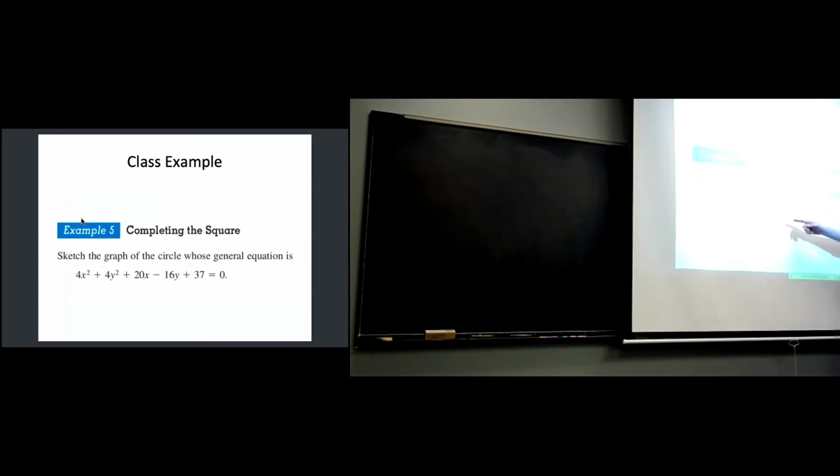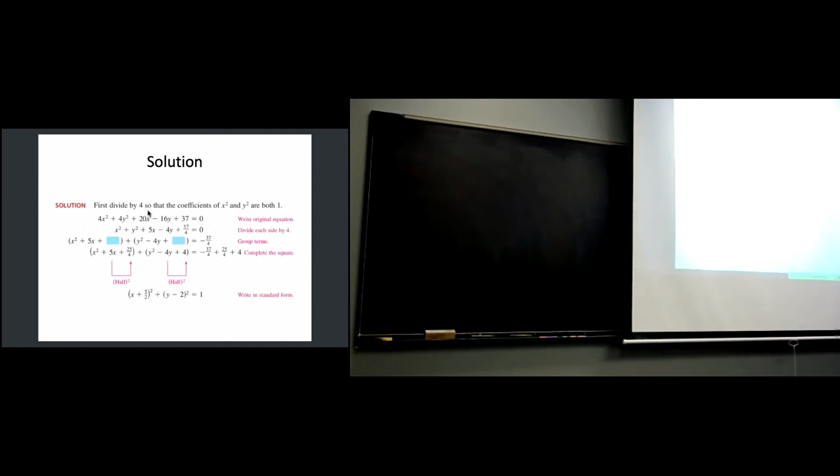Does that make sense what I mean? So really quickly, just to give you an idea of what this whole process will look like. First, right away, go ahead and divide out that 4. When you do, everything but that very last term, it's going to reduce pretty nicely.